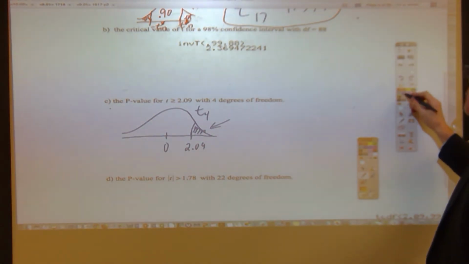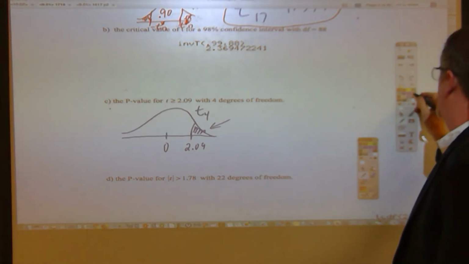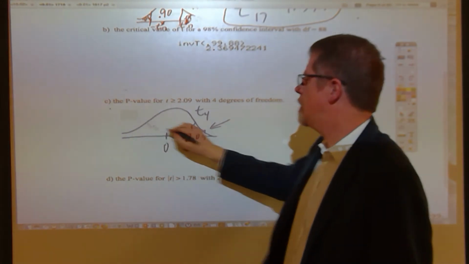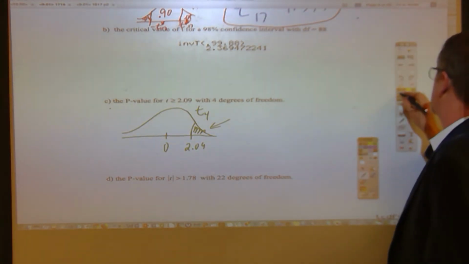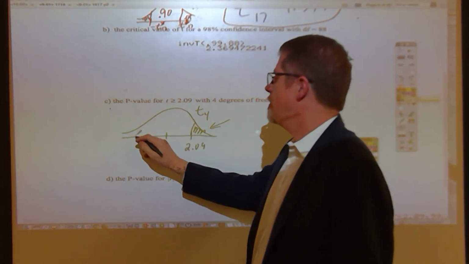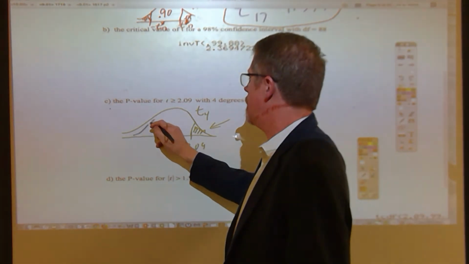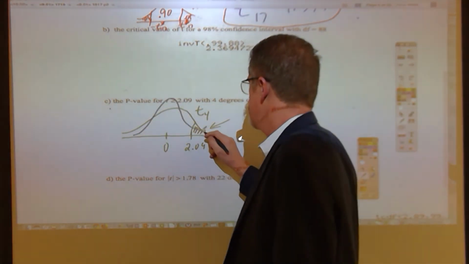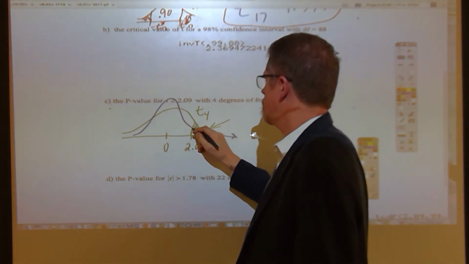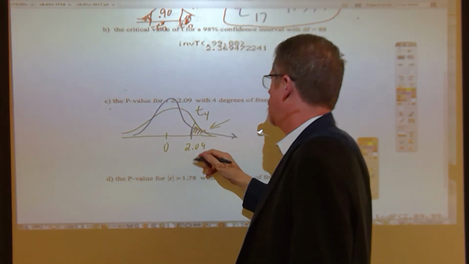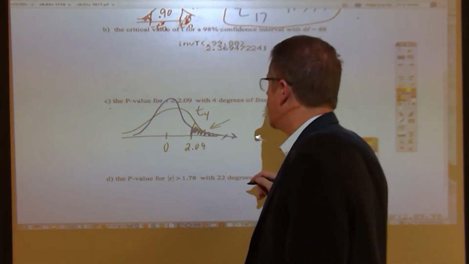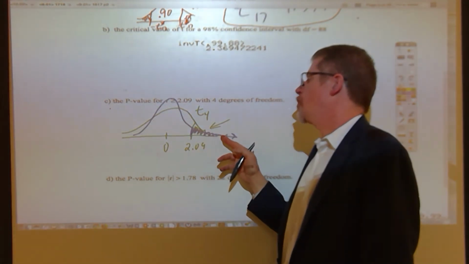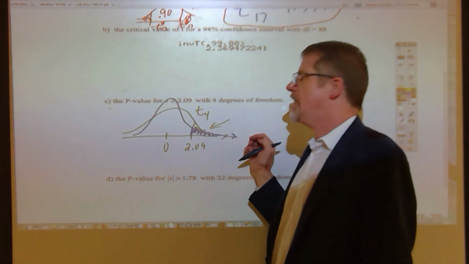Compare a t model, which I'm putting here in green, with a normal model. The normal model, remember, is less spread out. And so if you took the same z-score of 2.09, would you expect the blue area to be greater or less than the green area?